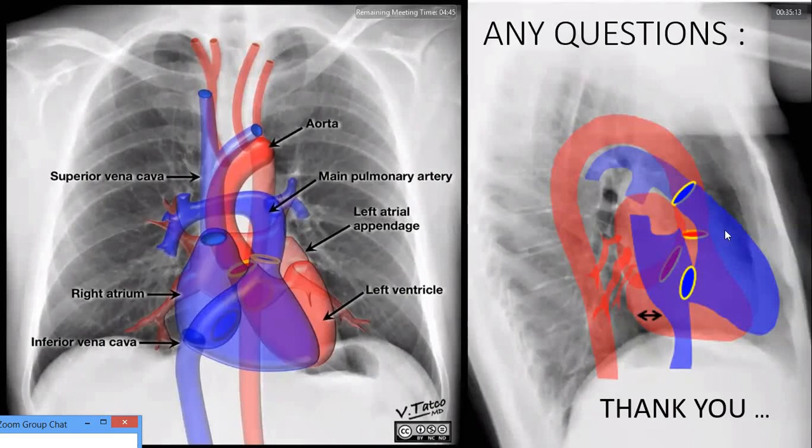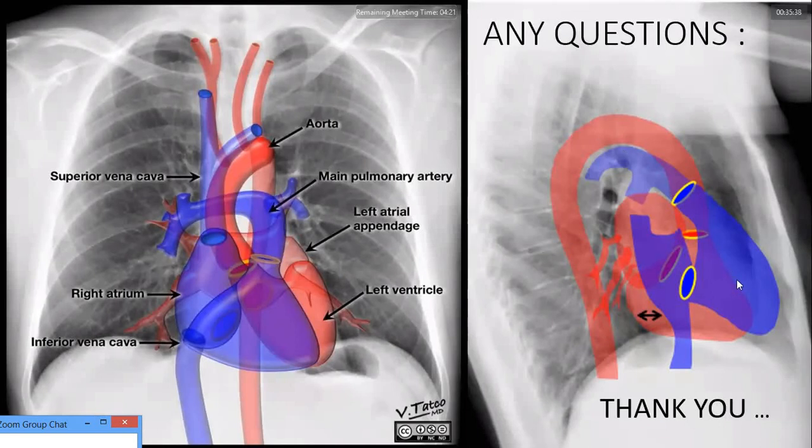From the right ventricle emerges the pulmonary artery and its branches, the right and left pulmonary arteries, and from the left ventricle emerges the aorta. This is the curve of the aorta, and it descends in front of the spine and vertebrae. We can also see the bifurcation of the trachea into the two major bronchi.